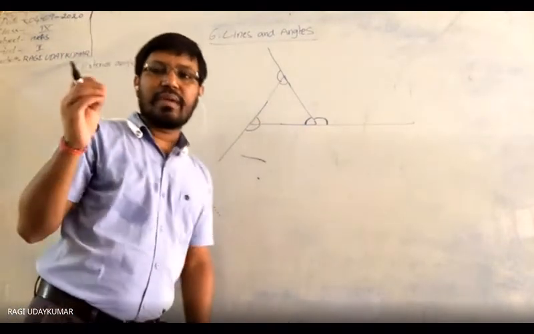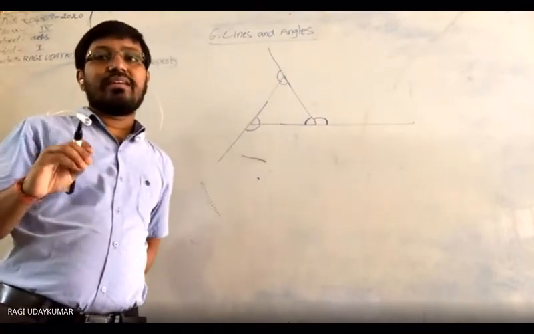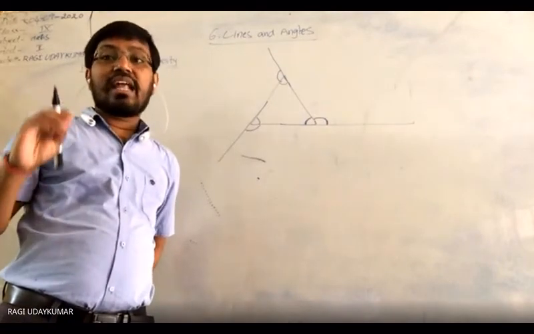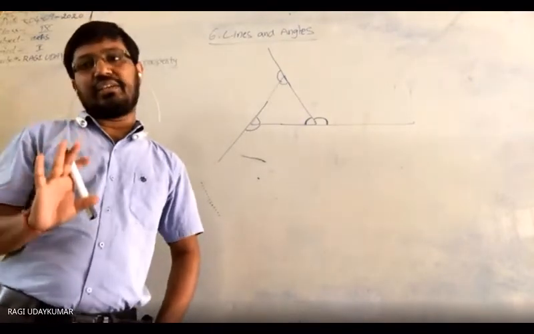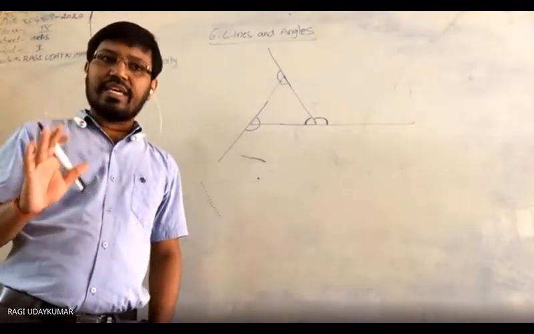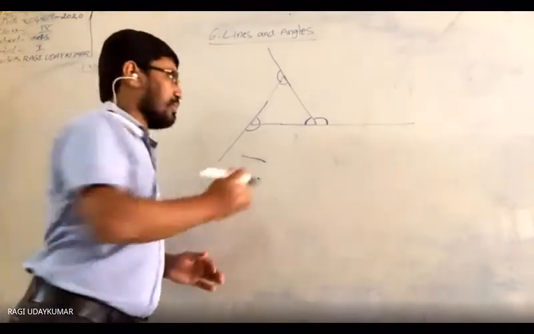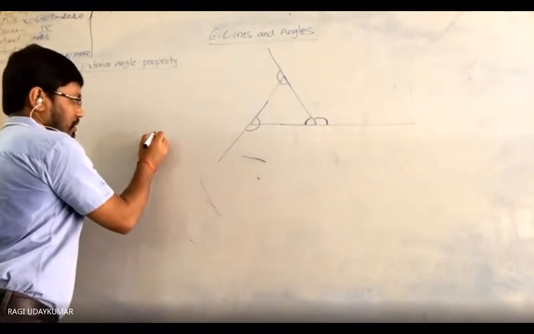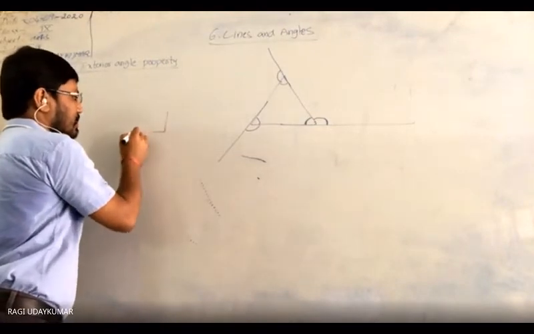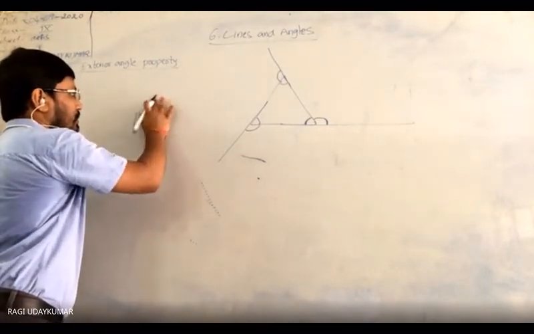And see here, the main property you can remember is that the sum of the exterior angles of any polygon is always 360. Suppose you consider a pentagon, hexagon, whatever it may be. I have taken a pentagon.